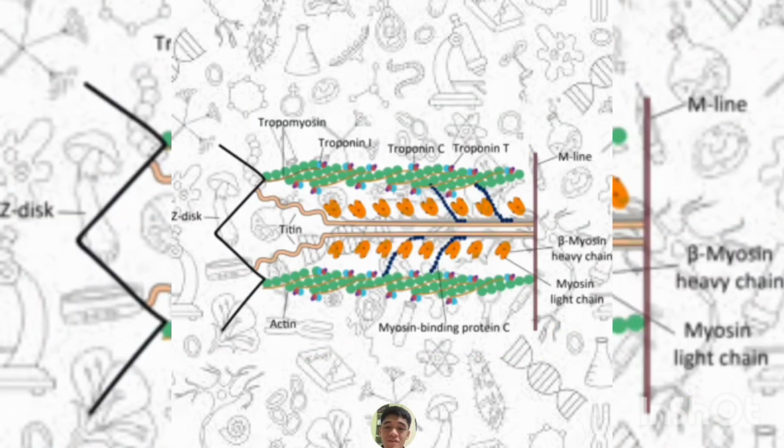Okay, the second smallest filament in the myofibril is myosin, also a contractile protein filament, but different in thickness. Myosin is thicker than actin, and has projections known as myosin heads.